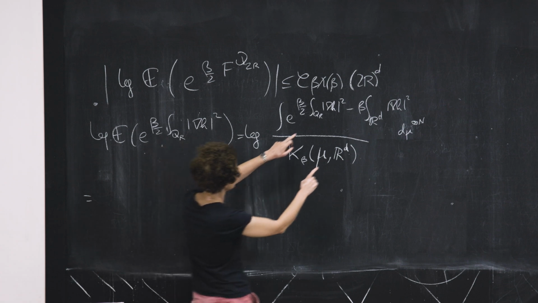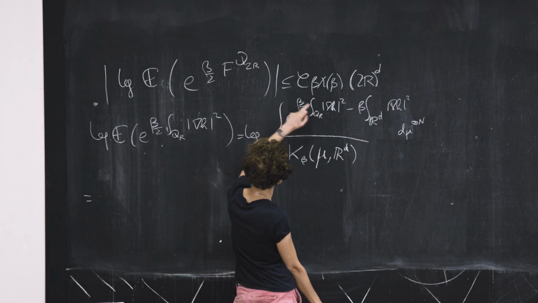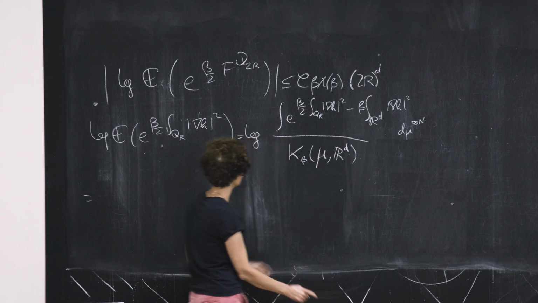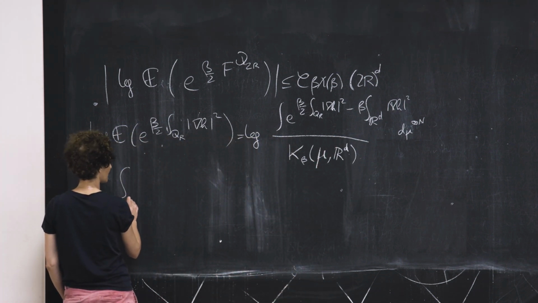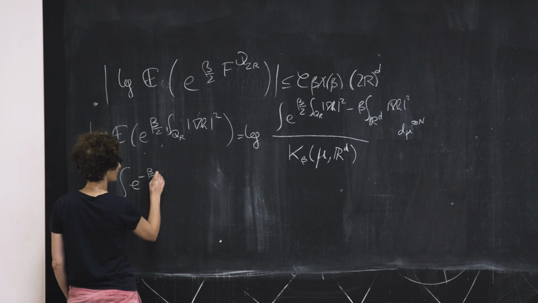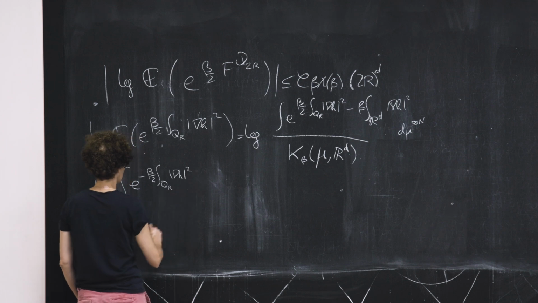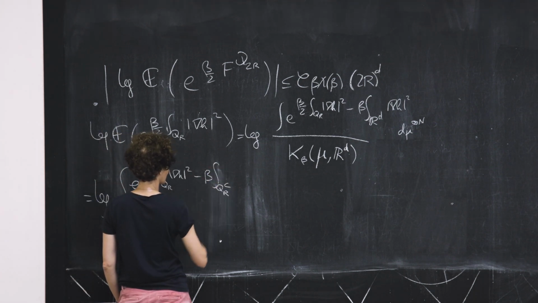So this thing we're going to rewrite, because you see here I have the interior of QR, I have beta over 2, and here I have minus beta. And then in the exterior I have minus beta. So I can rewrite this as log integral e minus beta over 2 integral over QR, minus beta integral in the complement.